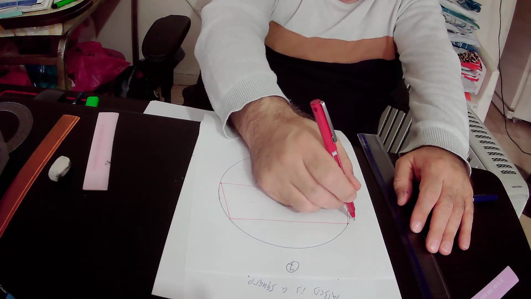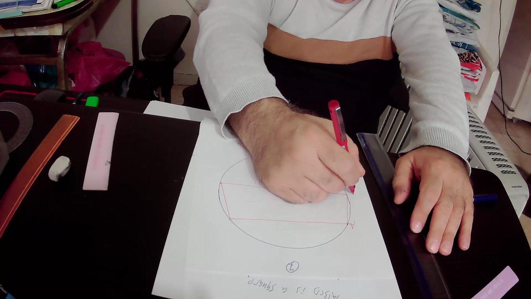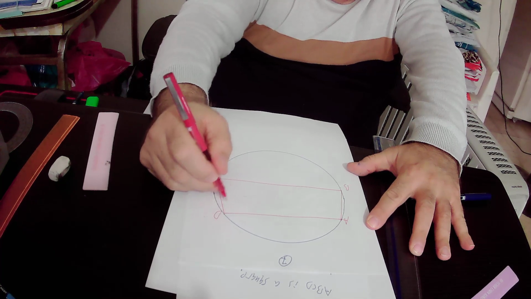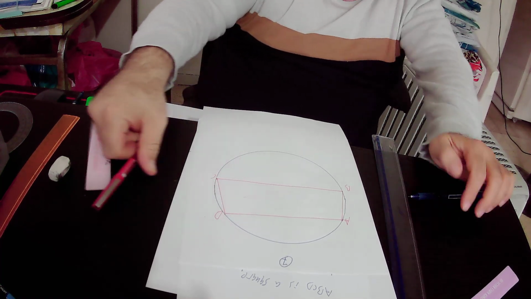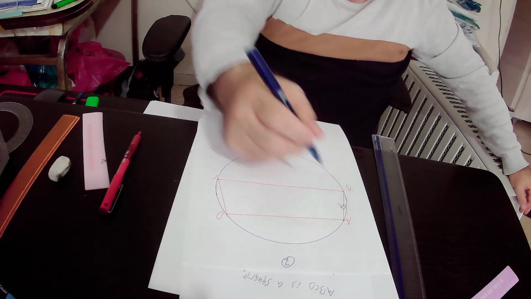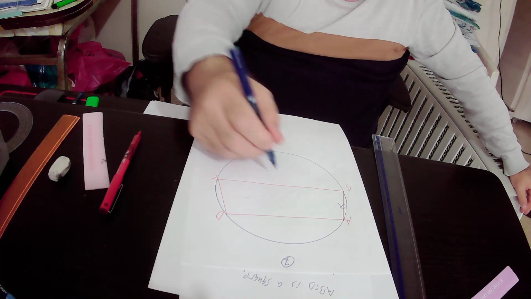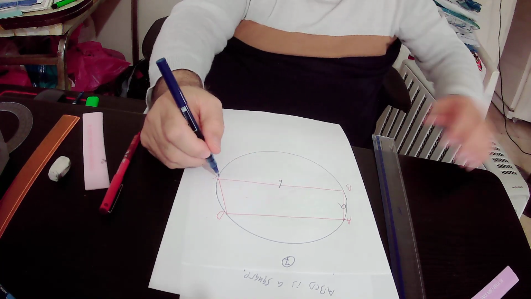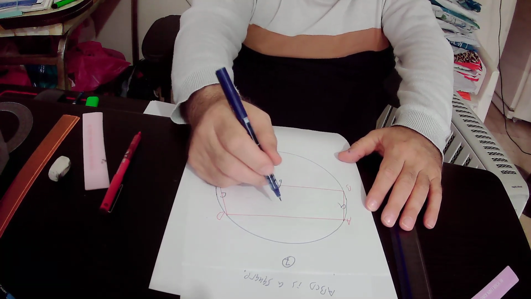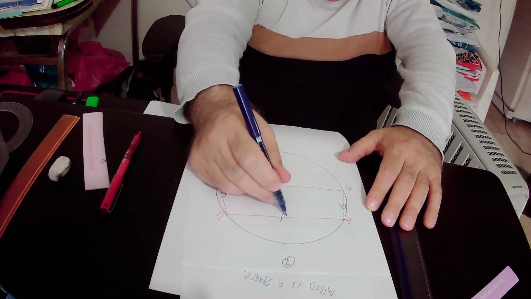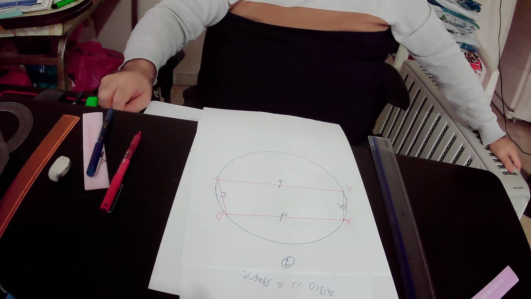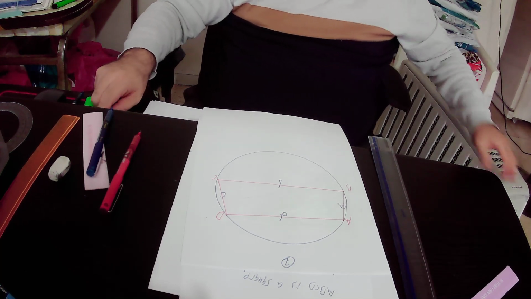So this is quadrilateral ABCD. We also know that side AB equals A units in size, side BC equals B units, side CD equals C units, and side AD equals D units. And quadrilateral ABCD has two diagonals.